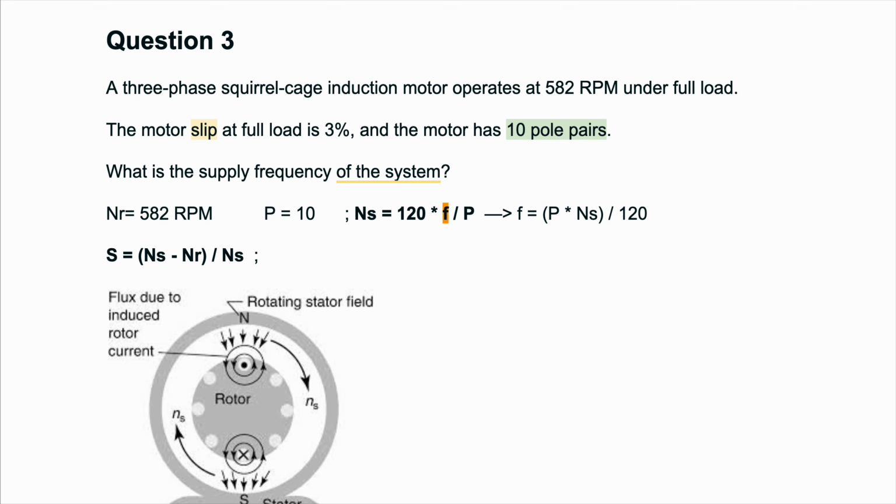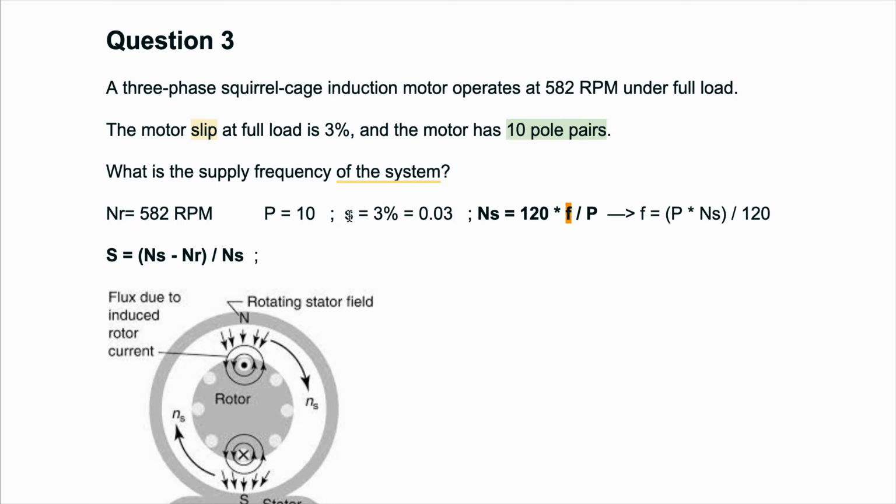So here we have the S. Depending on the question, S is 3%, or equal to 0.03.